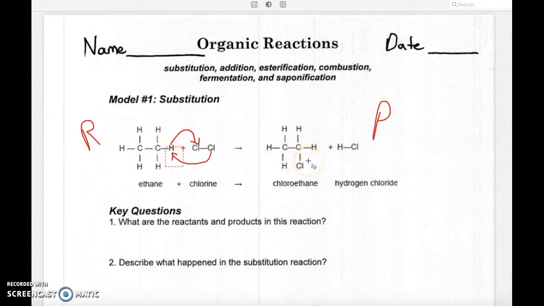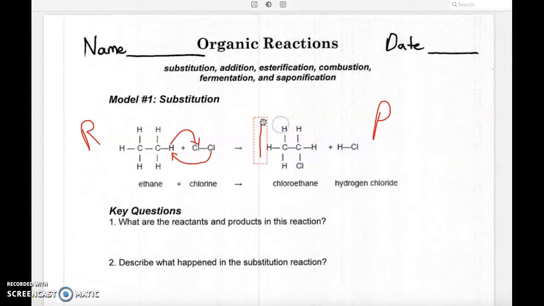So a substitution reaction is just basically saying one of the reactants is going to replace one of the hydrogens in the hydrocarbon. Remember, this is no longer a hydrocarbon.